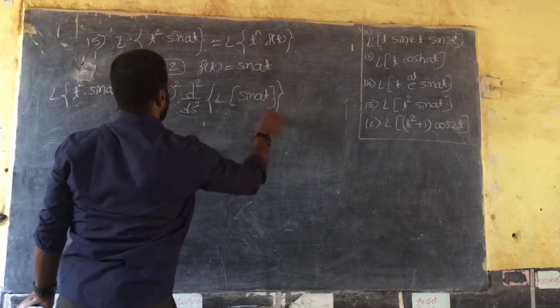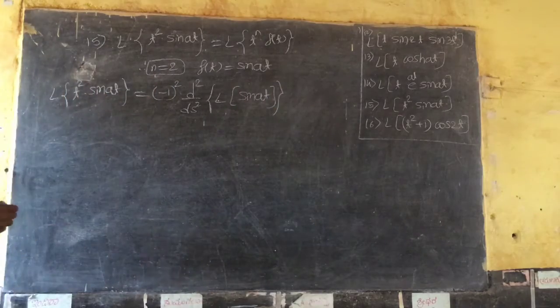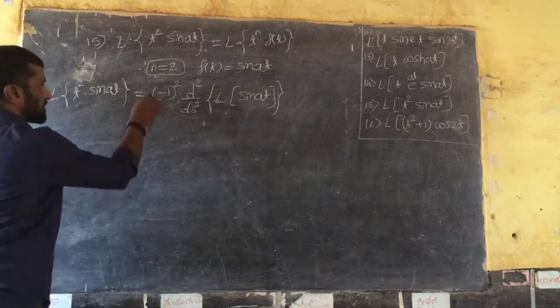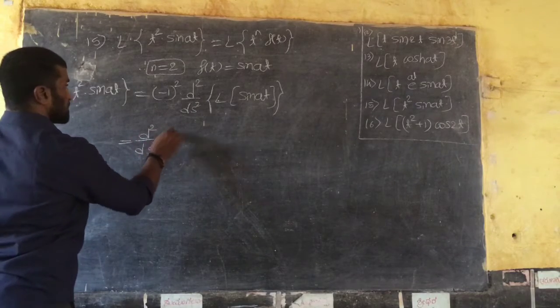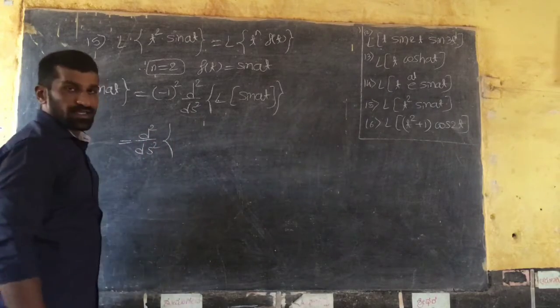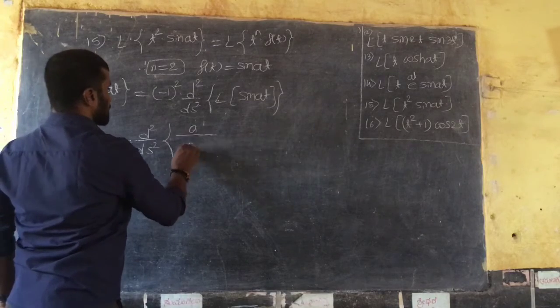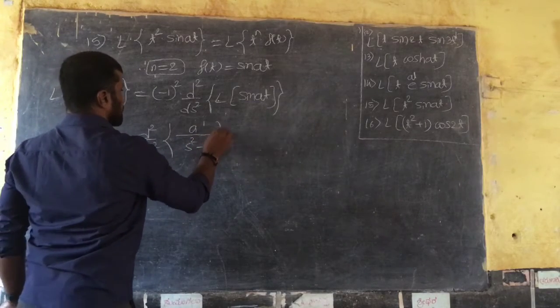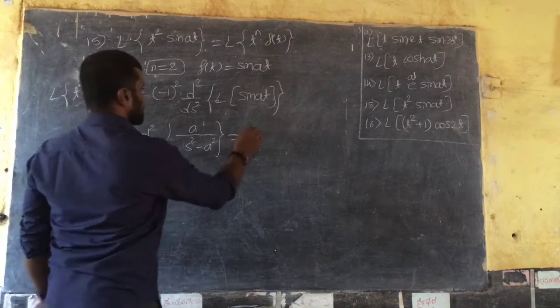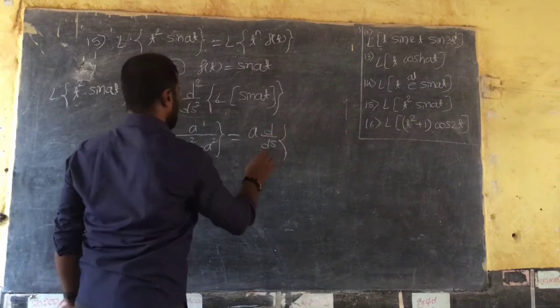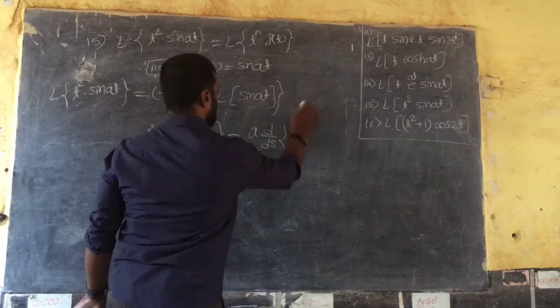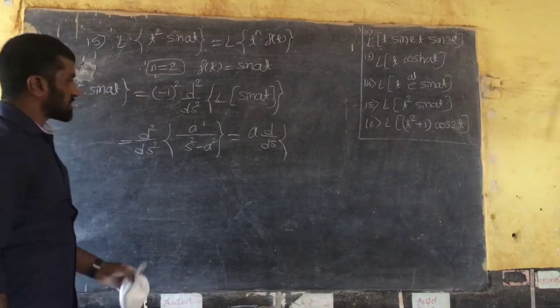Minus 1 whole square is plus 1. Laplace of sine at is a divided by s square minus a square. Take a outside, it is a constant.